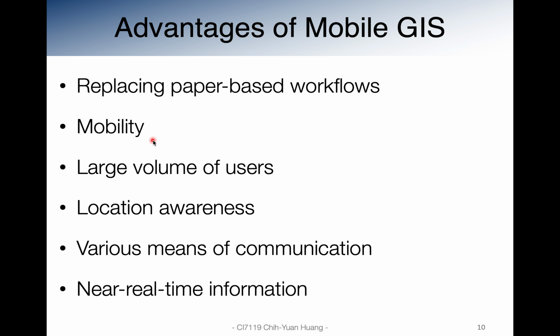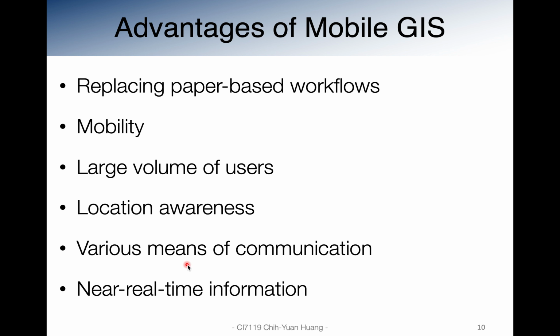Then there is a large volume of users; like I said, almost half of the population owns a smartphone. And location awareness is of course very important, because the GPS or GNSS reader allows you to record the location of different events or data, which can be analyzed later.